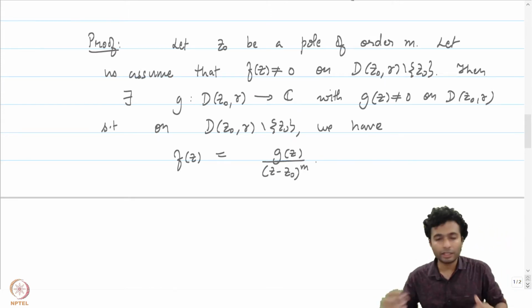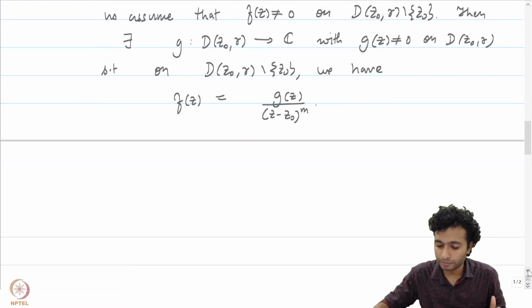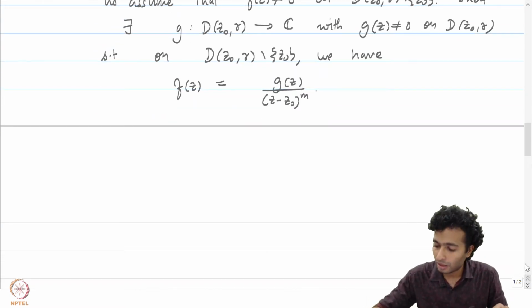This is precisely the definition of a pole of order m. So g is not going to vanish over there.